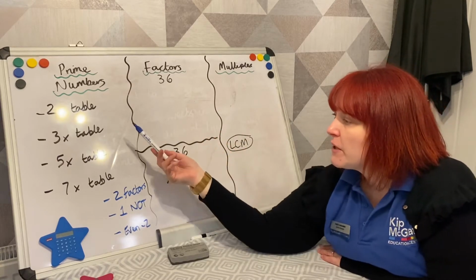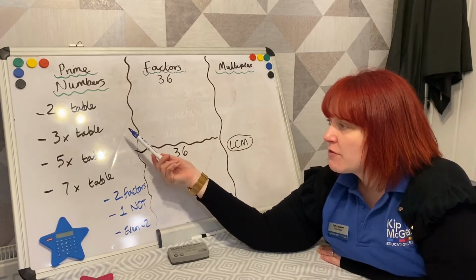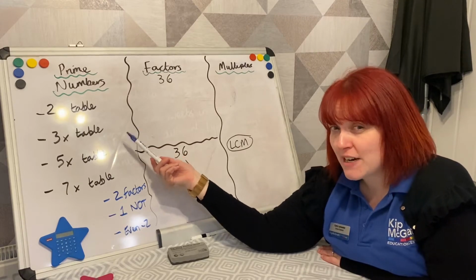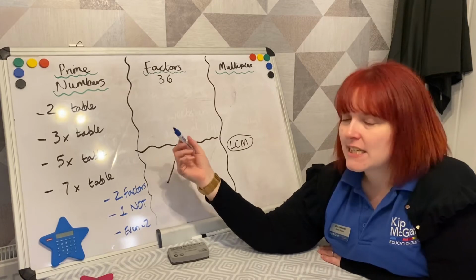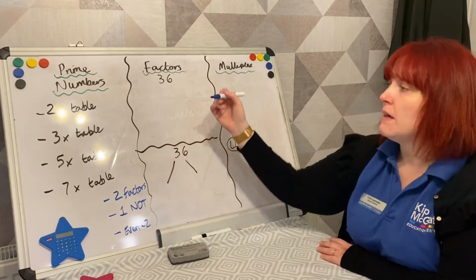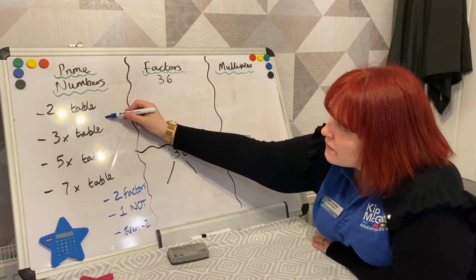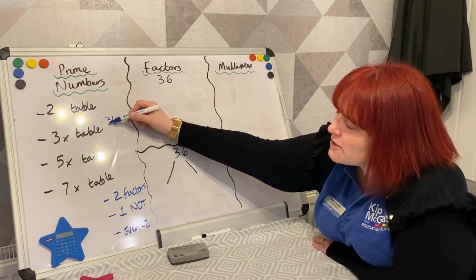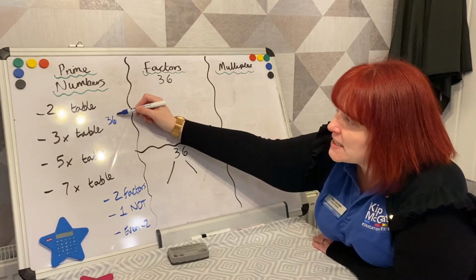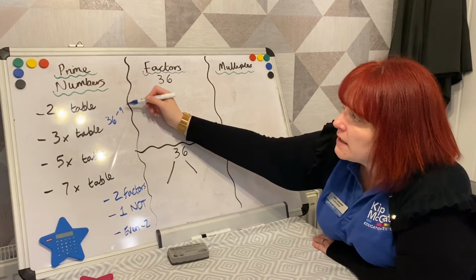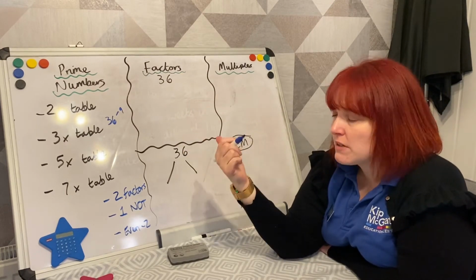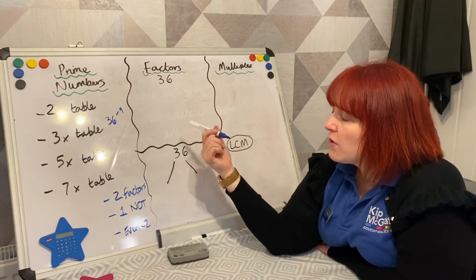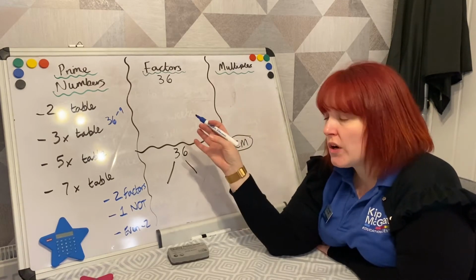Another thing we often check is the 3 times table. There is a really good trick for checking whether something's in the 3 times table, and that trick is to add up the digits of the number. For example, if I had 36, I add up 3 and 6 and get 9. 9 is a multiple of 3: 3, 6, 9. And so therefore 36 is also a multiple of 3.